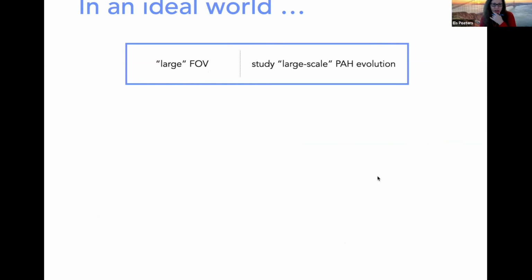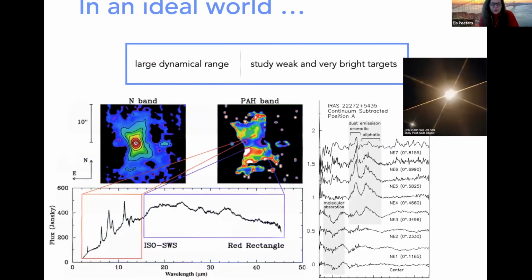We would like to have a large field of view because instead of looking at a tiny part of an extended source, we would like to get the entire picture and so study the large-scale PAH evolution. And also we would like to have a large dynamic range because sometimes we need to study weak targets or weak features, but very often we also have plenty of information in very bright targets.